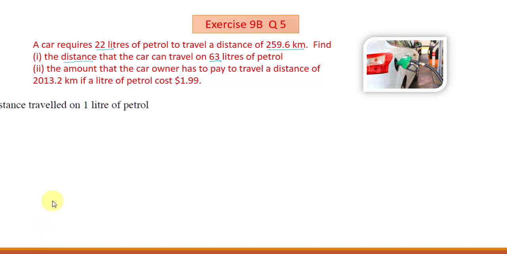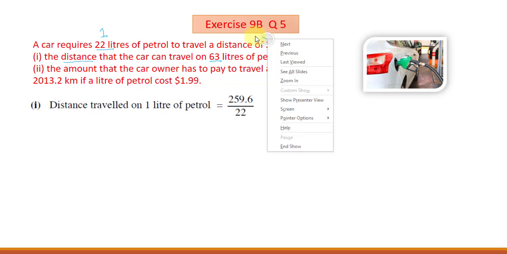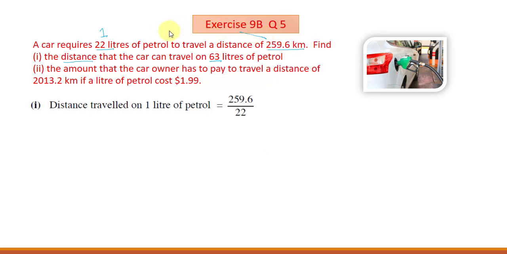Our solution for part 1: the distance traveled on 1 liter of petrol. What will it be? Yes, it is 259.6 divided by 22. If you want to know how much distance a car travels on 1 liter of petrol, we will divide 259.6 by 22.